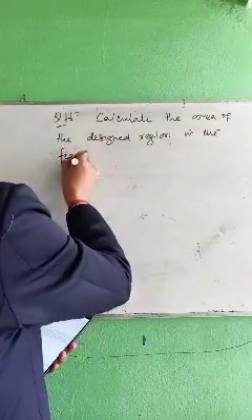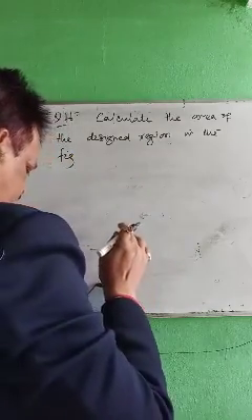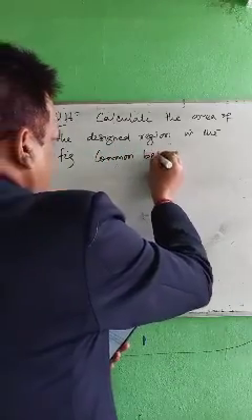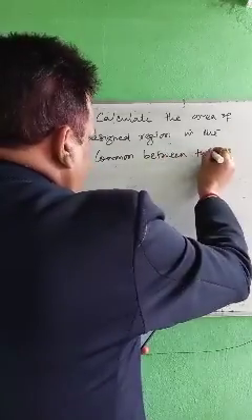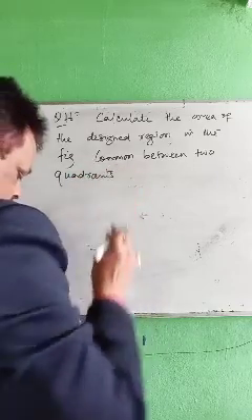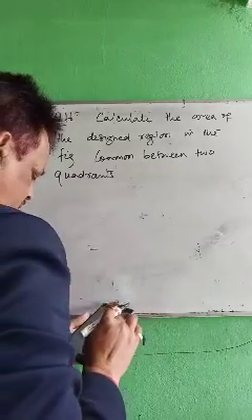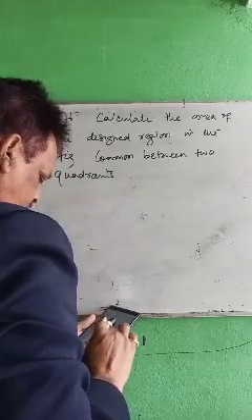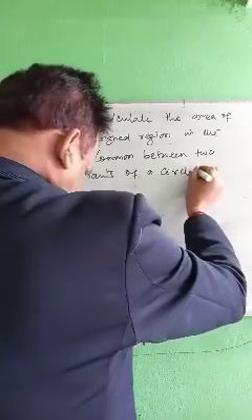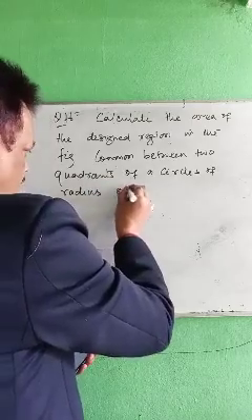In the figure, the region is common between two quadrants of a circle of radius 8 centimeter each.